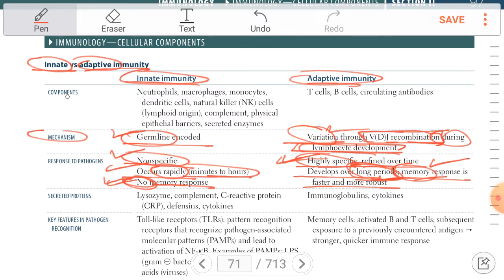So what are the components of innate immunity and adaptive immunity? Adaptive immunity: T cells, B cells, circulating antibodies.